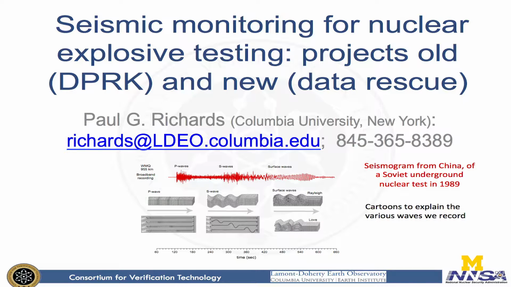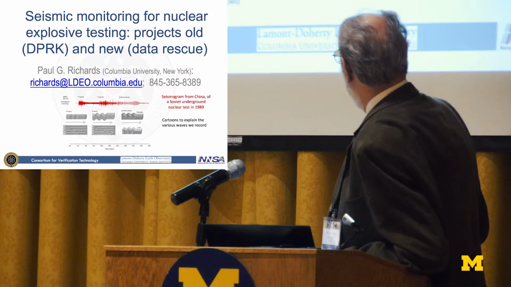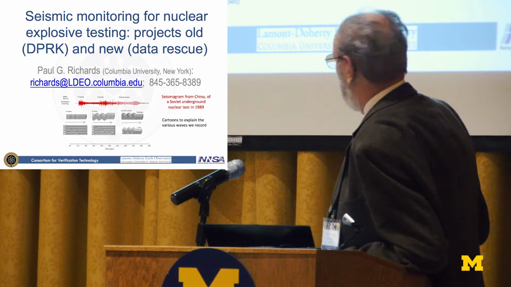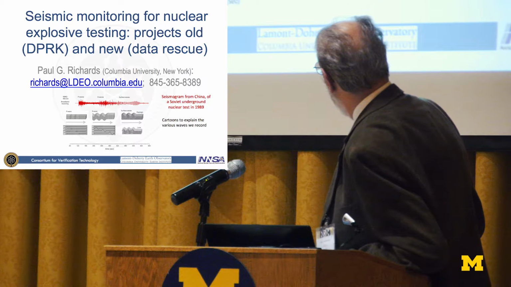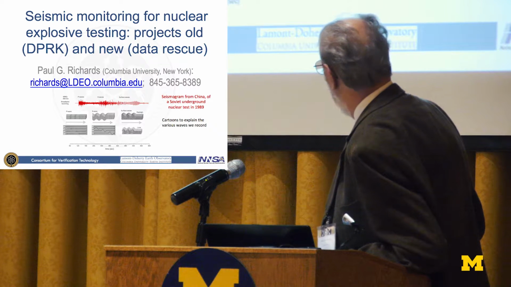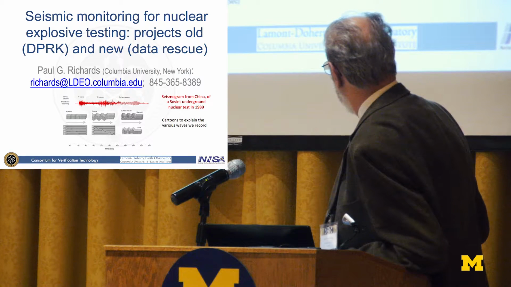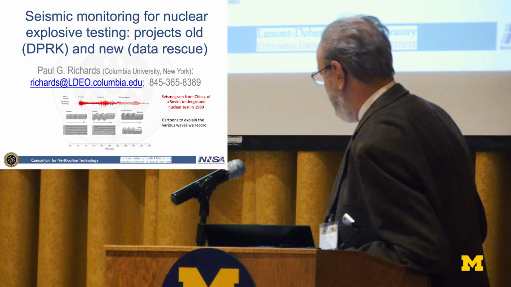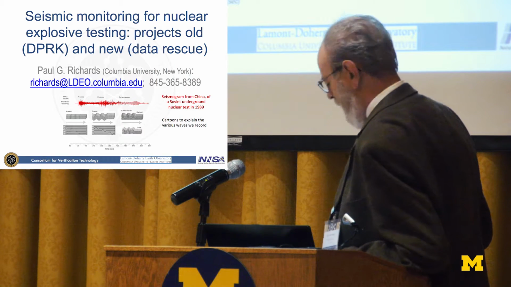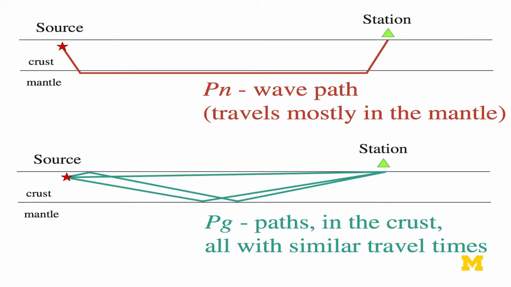The most basic feature is several different waves, just recordings of how the ground moves in China due to that distant explosion. The first arriving P waves with longitudinal particle motion, later arriving shear waves with, in this cartoon, motion transverse to the direction of propagation, and then the arriving surface waves.